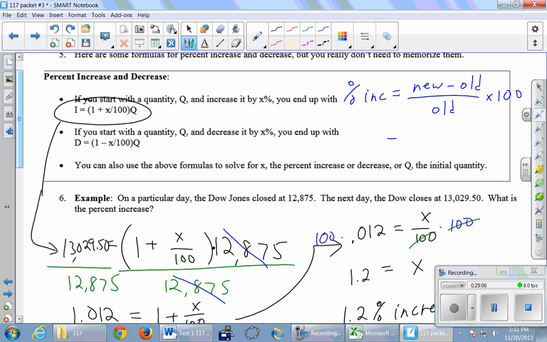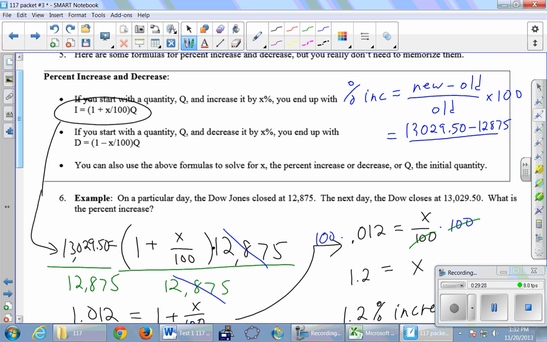So if we do that here, we take the new, which was how much? 13,029, subtract off the old, 12,875. This is why I don't like this formula, or I don't like having to memorize it, because people forget whether you divide by the old one or the new one. And you get different answers depending on which one you do.